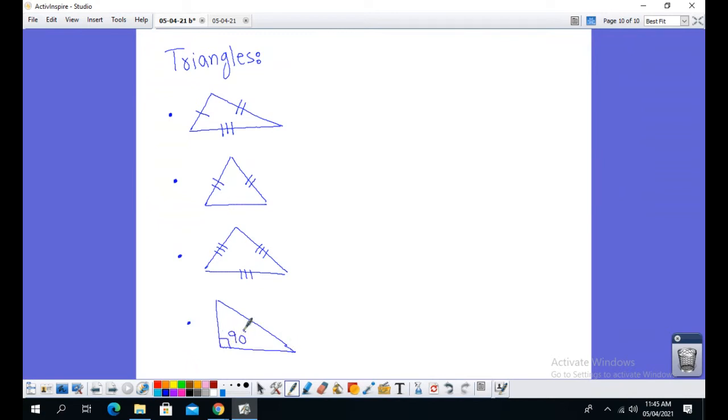The first triangle is called a scalene triangle. The second triangle is an isosceles triangle, in which two sides are equal.